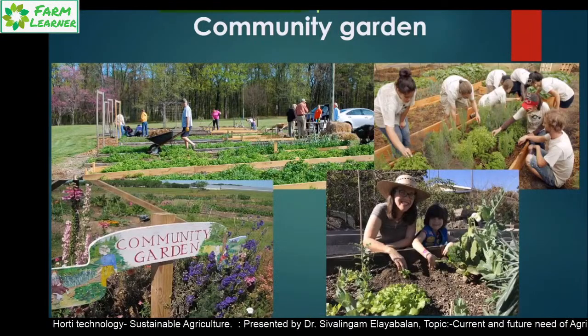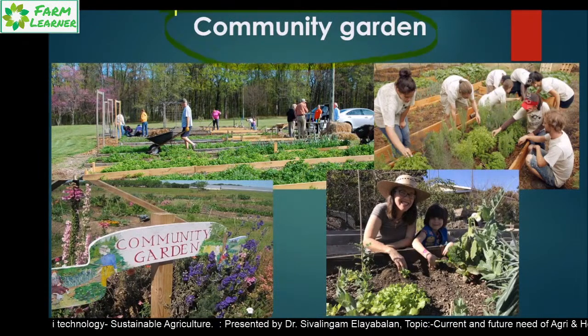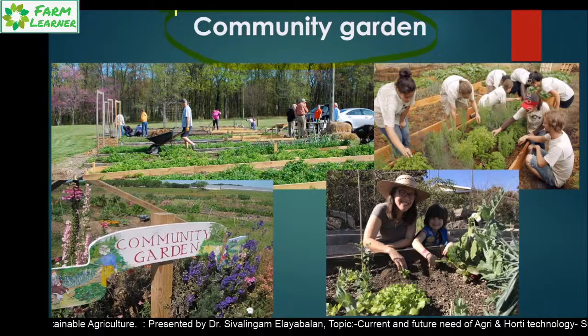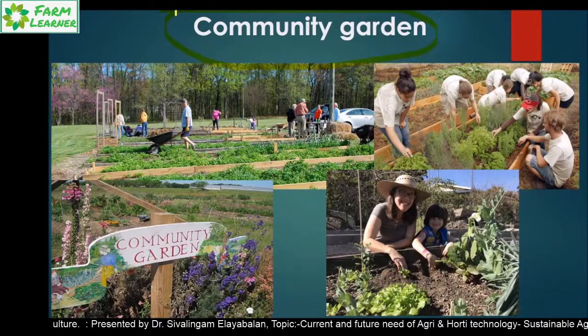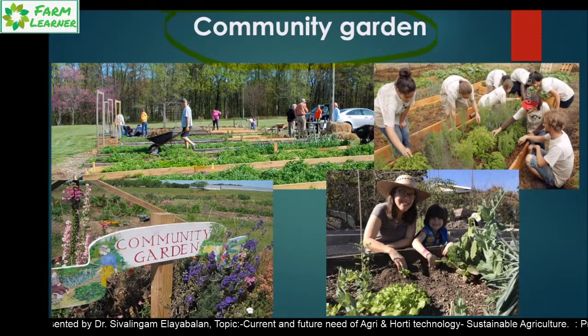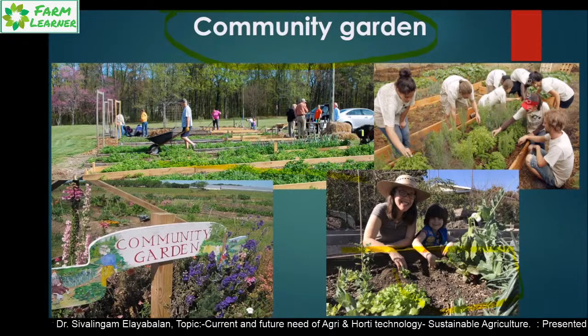Next, the foremost important thing, community gardens. Nowadays township kids, even township people, don't know how it is grown, where it is grown, how the plant appears. One of my friends abroad in the US goes for growing vegetables on weekends. These are rental-based plots, available for rent.